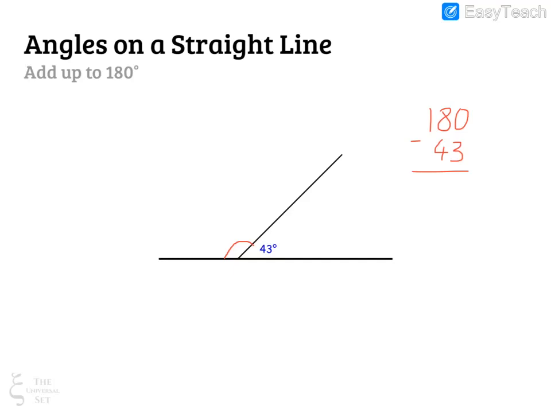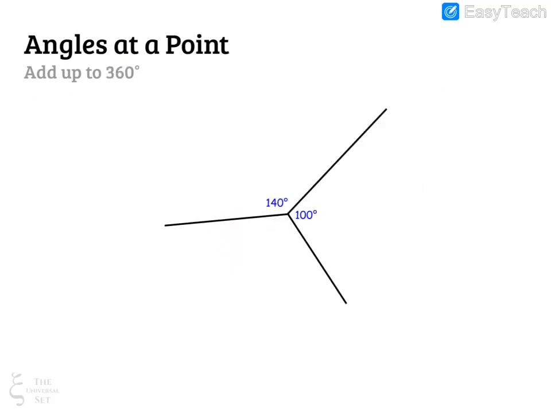So I can't do 0 take away 3, so I borrow from the 8. 10 take away 3 is 7, 7 take away 4 is 3, 1 take away nothing is 1. So I've got 137 degrees. So we can use this fact that angles on a straight line add up to 180 degrees to find a missing angle.